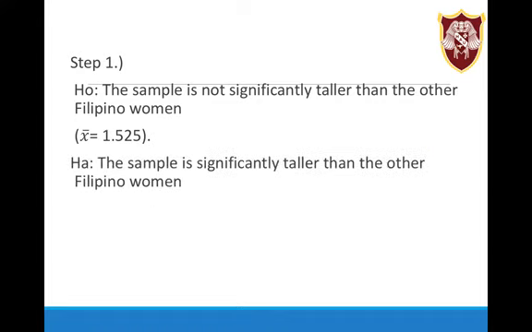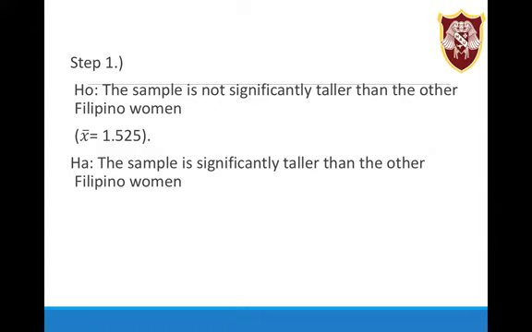And then for our alternative hypothesis, based on the problem, we are asked if the sample is significantly taller. So that's where our alternative will be based. No? So the sample is significantly taller than the other Filipino women.